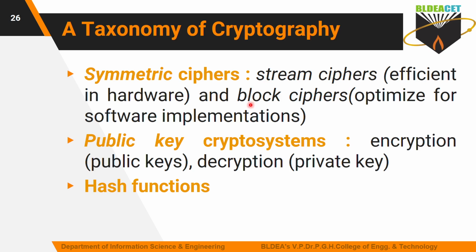Whereas block ciphers, as the name itself tells, consider a block. Instead of considering individual bits, you consider a whole block, and that block is substituted with a new block. So for example, I'll take a simple example, this is one message.